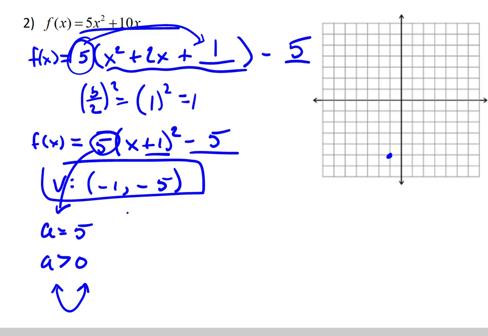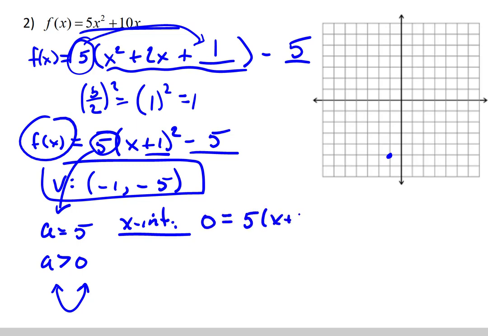To find x-intercepts, we'll go ahead and just set y equal to 0. And we can do this in any form. We'll go ahead and use our vertex form that we've created. Setting y equal to 0 means like setting f of x equal to 0. So we'll say 0 equals 5 times (x plus 1) squared minus 5. And then we want to solve this for x.